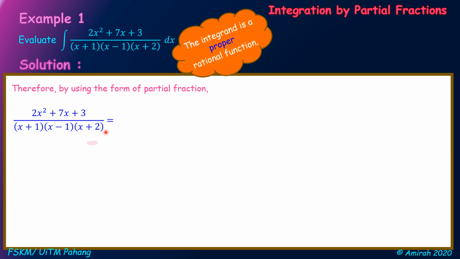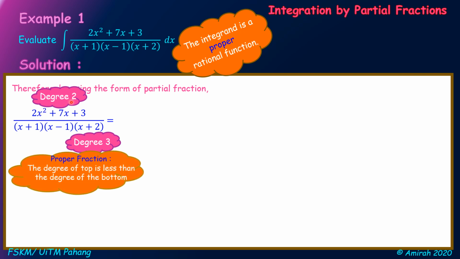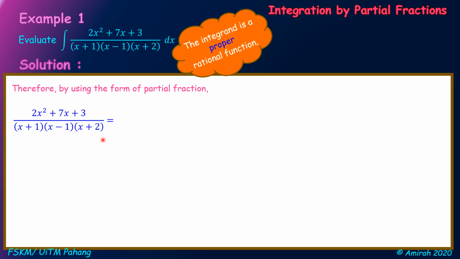From here, we have a denominator with degree 3 and a numerator with degree 2. This is a proper fraction because the degree of the top is less than the degree of the bottom. When we write it into the sum of partial fraction, we need to consider the denominator.